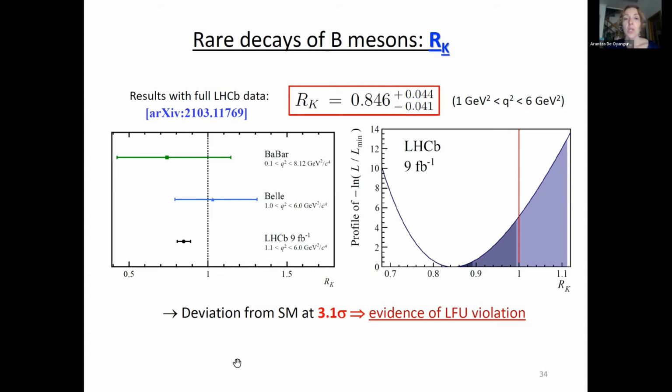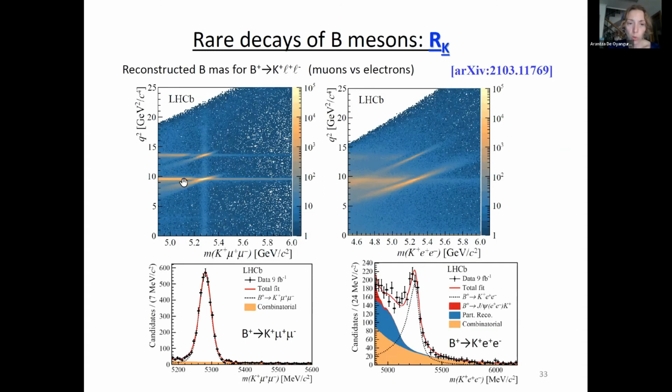So this is quite intriguing, and we have also measured in other channels. One important thing is that in the region we are measuring, if you look at the q-square distribution, we don't want to have these resonances, so we are in this region here.